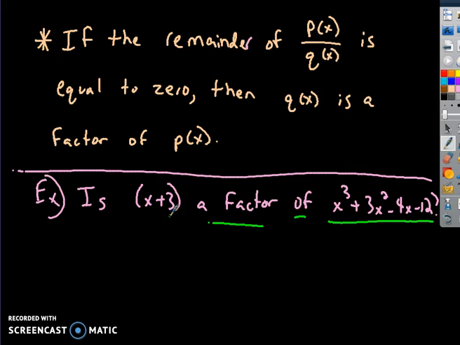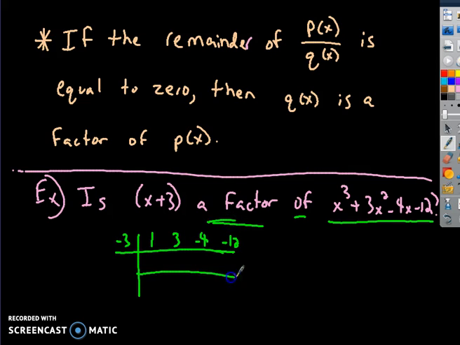If that is a factor, the remainder of dividing this one by this one will give me 0. So the zero there is negative 3, and these coefficients are 1, 3, negative 4, negative 12, in the right order.